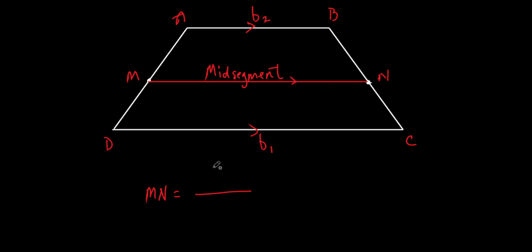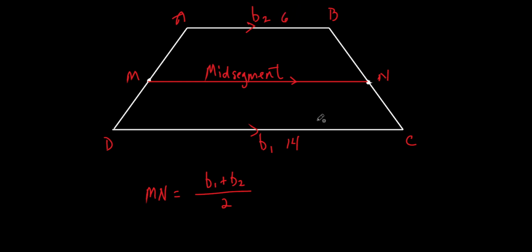How do you find the average of two things? If I give you two numbers and say find the average, you sum them up, add them up, and then divide by how many you have. If you have two things, you divide by 2. So let's sum them up: B1 plus B2, over 2. For instance, I'm just making a number up here, let's say this is 14 and this is 6.